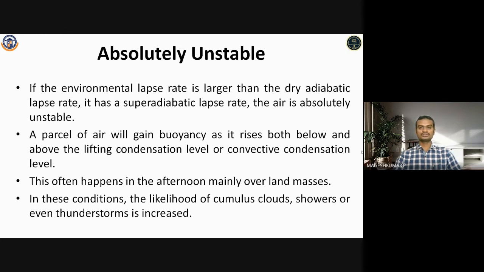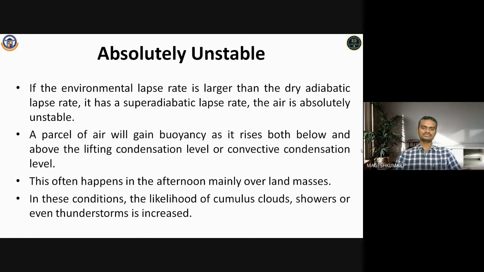And the final condition is absolutely unstable. If the environmental lapse rate is larger than both the dry adiabatic lapse rate and the saturated adiabatic lapse rate, it becomes a super adiabatic lapse rate, and the air is absolutely unstable. The parcel of air will gain buoyancy as it rises below and above the lifting condensation level or convective condensation level.